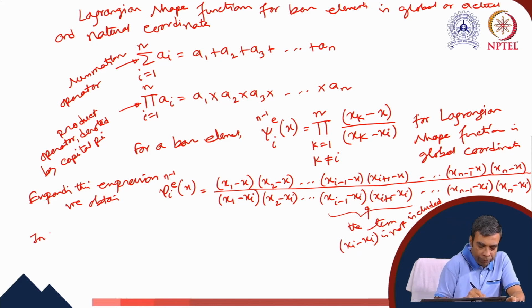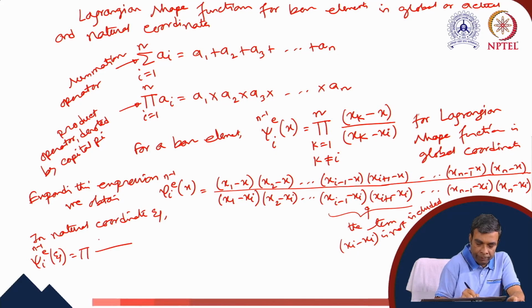Now, in natural coordinate system xi, we can write it as psi ie n minus 1 xi equals to the product operator xi k minus xi over xi k minus xi i. k is varying from 1 to n and k is not equal to i.